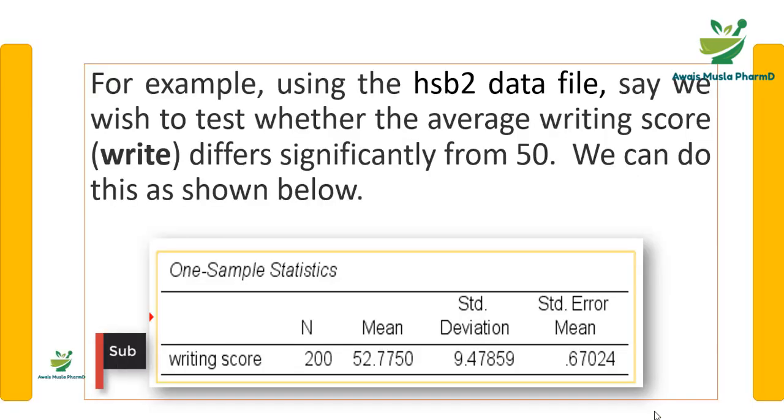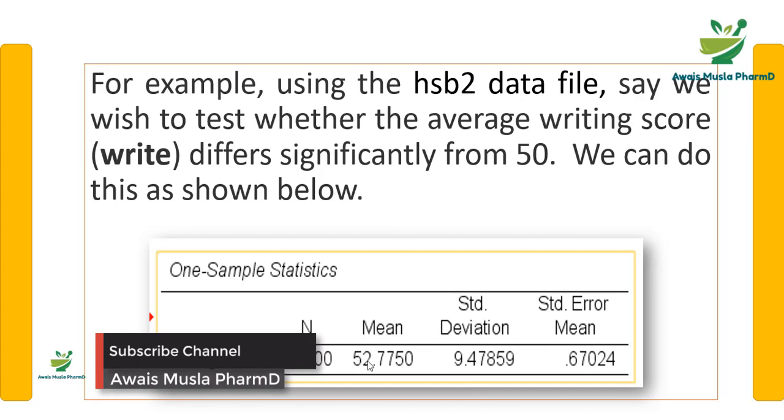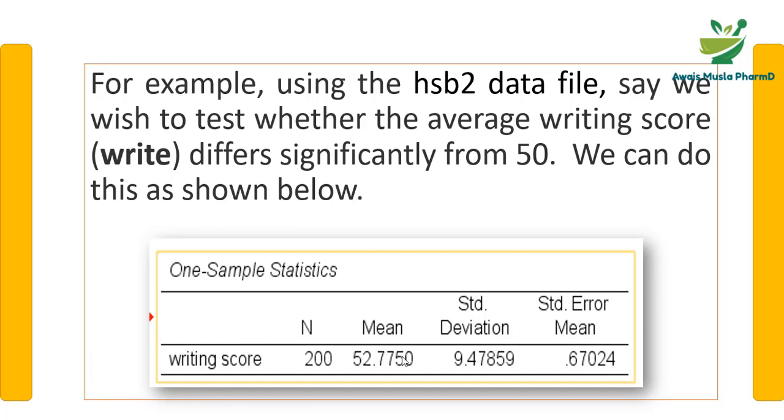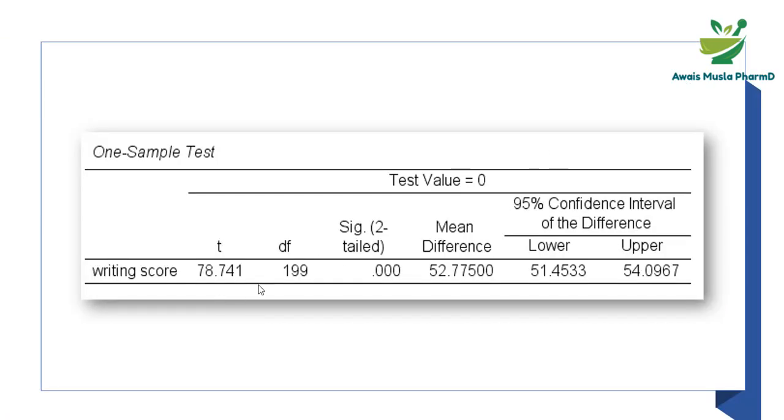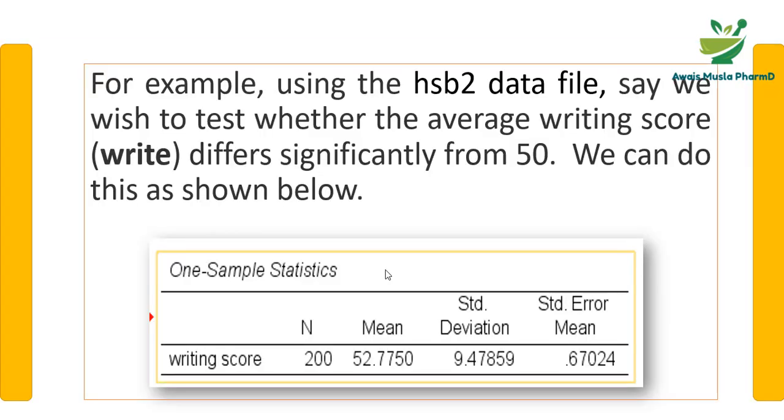Now come to the table. This is the mean table. We got the mean of this writing score as 52.775. Our hypothesized value was 50. As this value is greater than our hypothesized value and the significance is 0.00, which is less than 0.05, it means our hypothesized value is 50 and the result is 52.775.